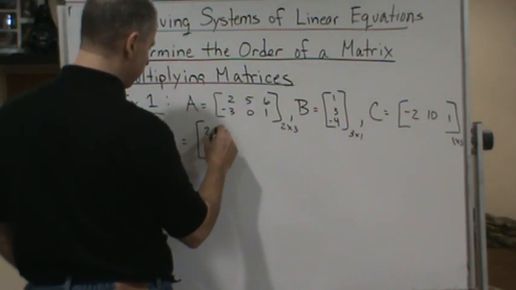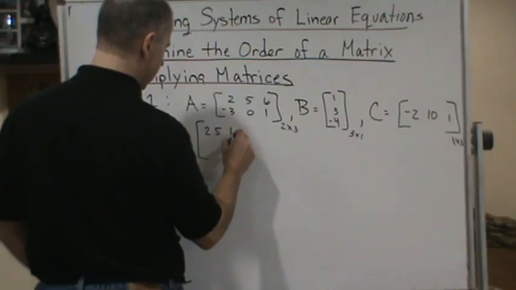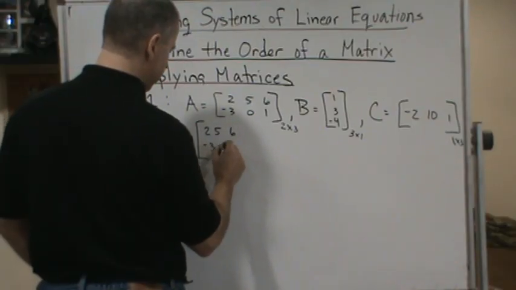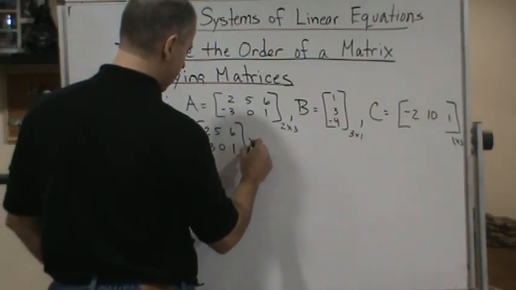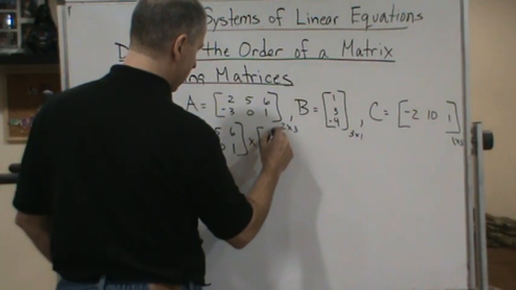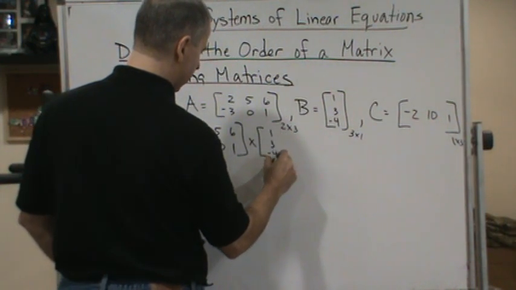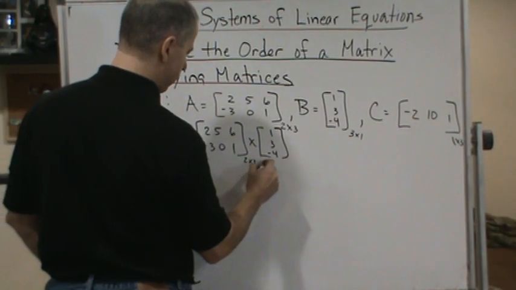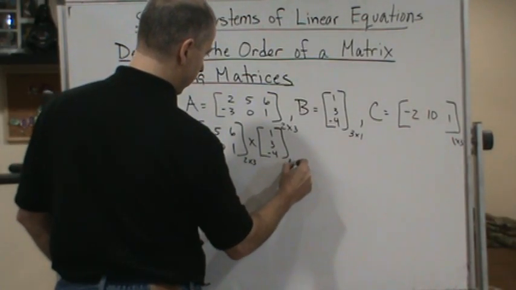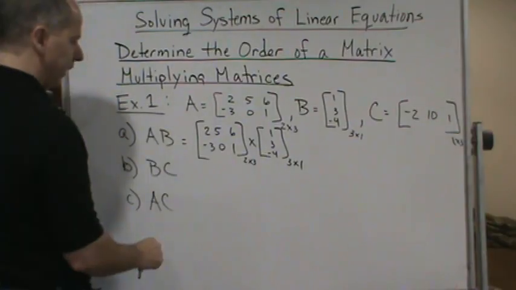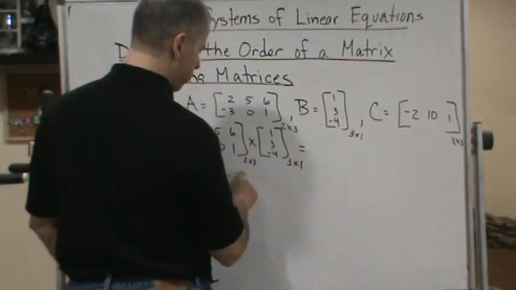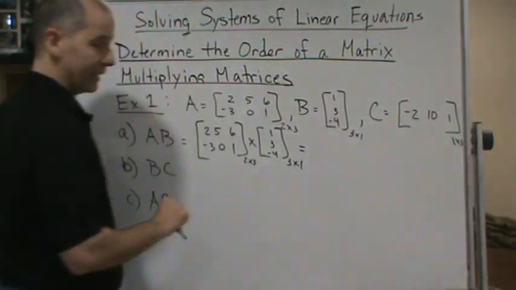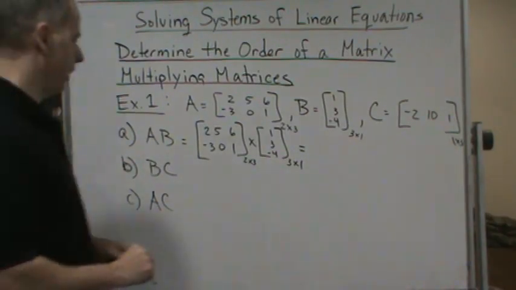A, 2, 5, 6, negative 3, 0, 1, times 1, 3, negative 4. So this is again 2 by 3 and 3 by 1. Now here's the cool thing. The resulting matrix will be a 2 by 1 matrix. Has to be.